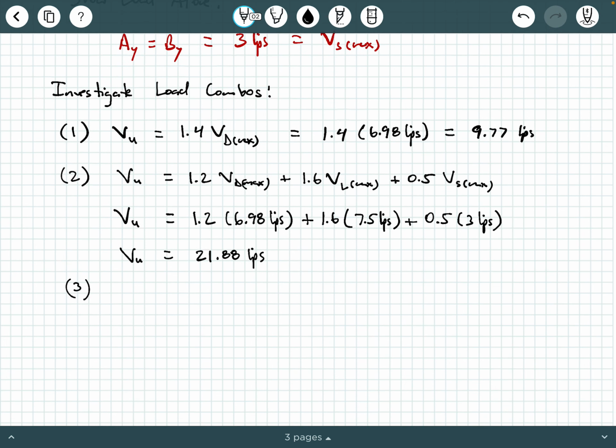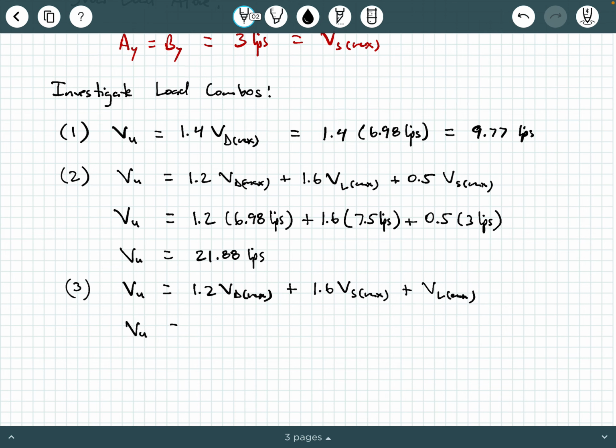Now let's investigate that last possible load combination, load combo 3. And from load combo 3, we had a V_u equals 1.2 V dead max plus 1.6 V snow max plus V live max, okay? Or 1.0 V live max.